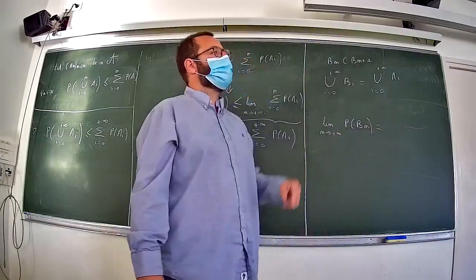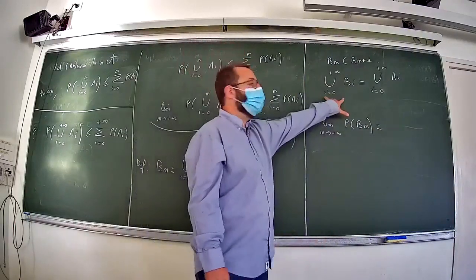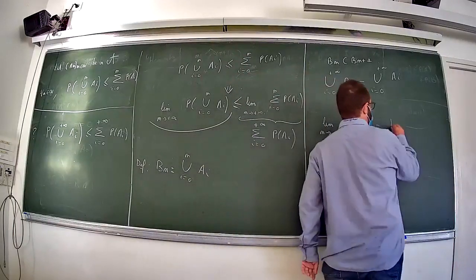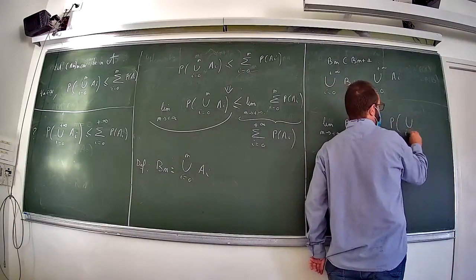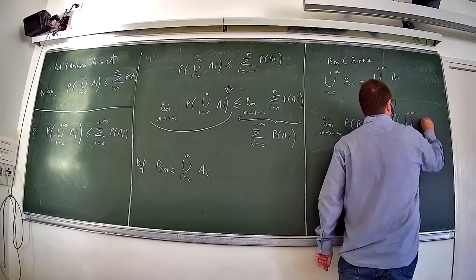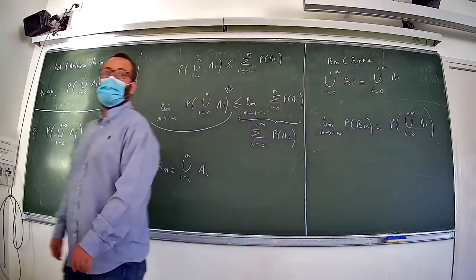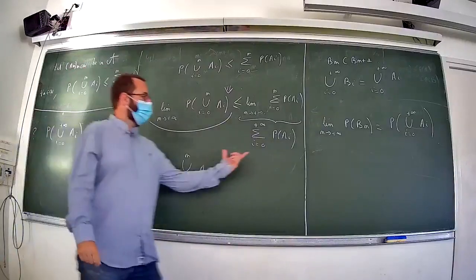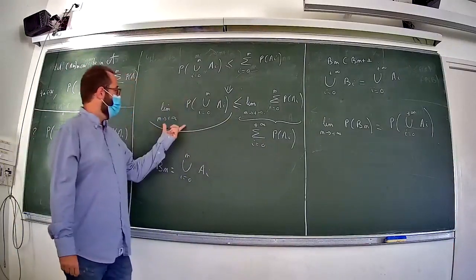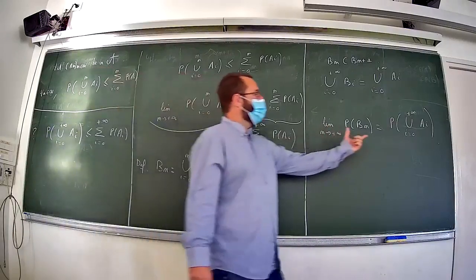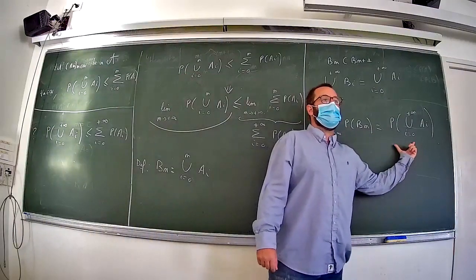From the first statement it's equal to the probability of the union, that is the probability of this set. So I have exactly what I want. Because here you have the infinite sum, and the limit of this one is the limit of the Bn, and is equal to the probability of the infinite union.